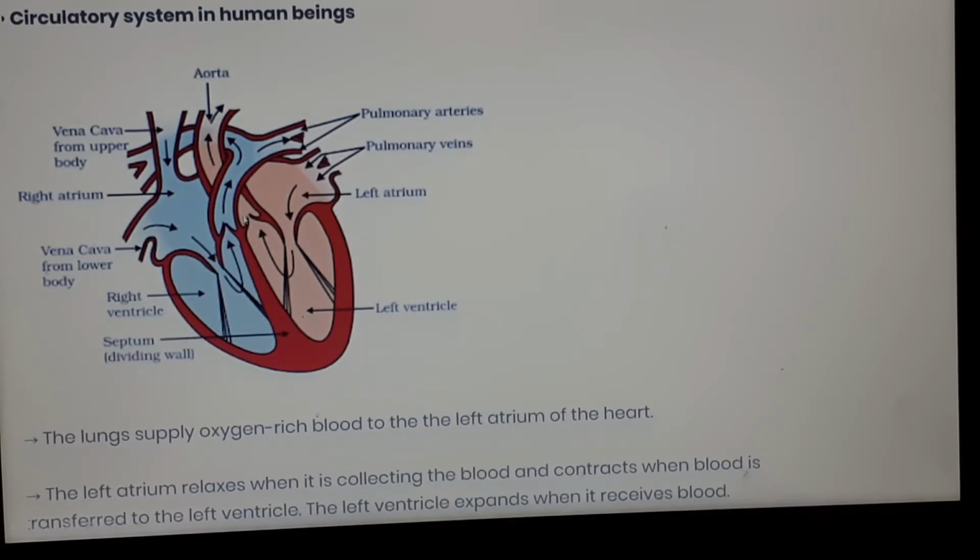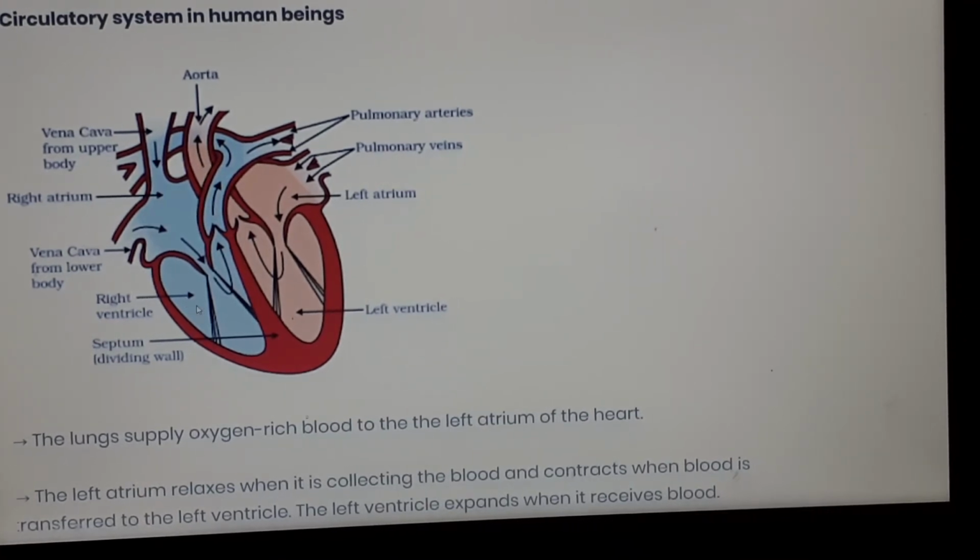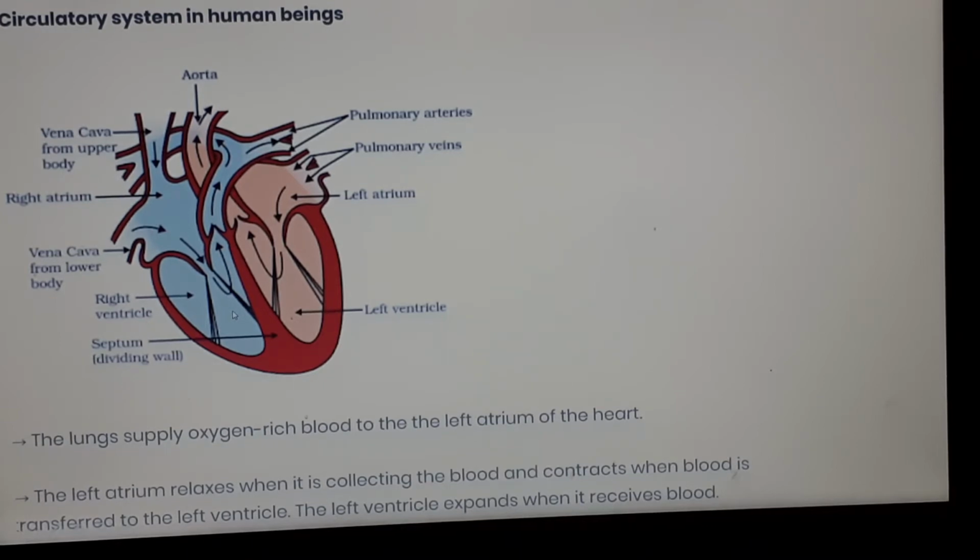When it comes over there, contraction takes place. Here the ventricle relaxes, that means it expands. Then it collects all the impure blood from the right atrium. Once it is filled, the muscular wall present here gives pressure.